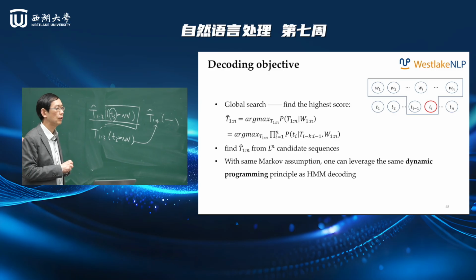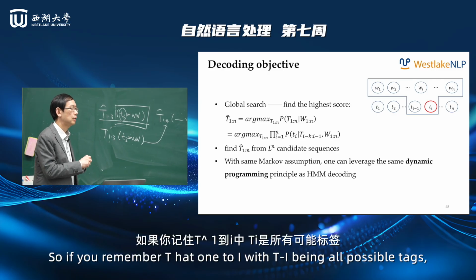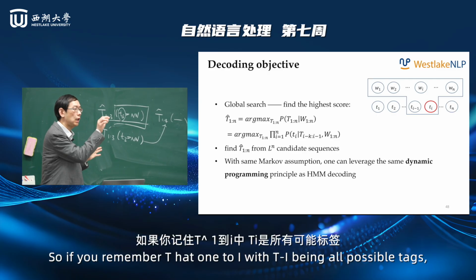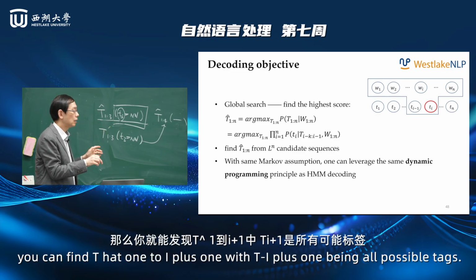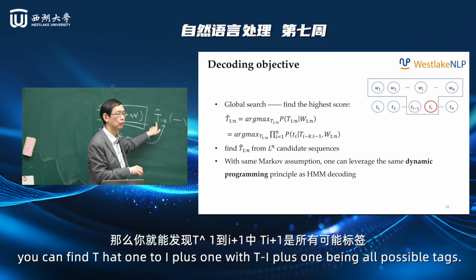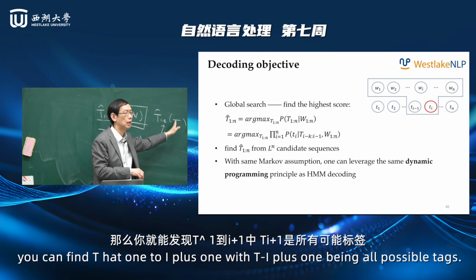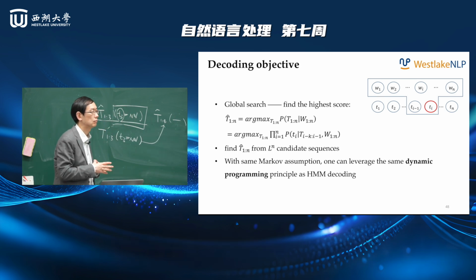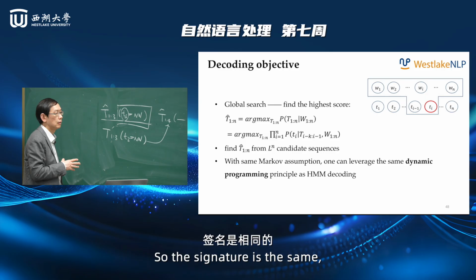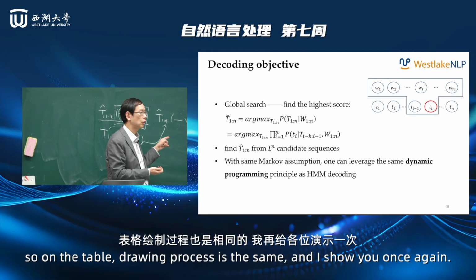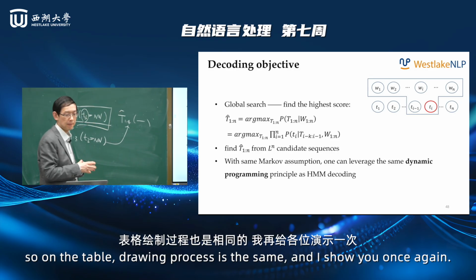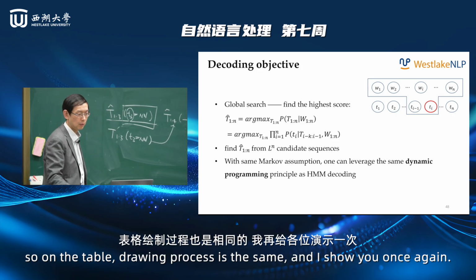If you remember t hat 1 to i, with ti being all possible tags, you can find t hat 1 to i plus 1, with ti plus 1 being all possible tags. So the signature is the same, and the table drawing process is the same. And I show you once again.